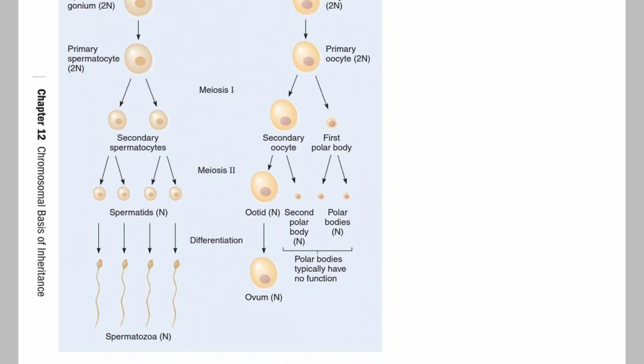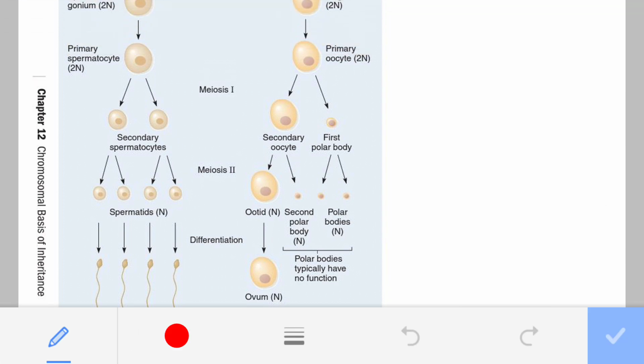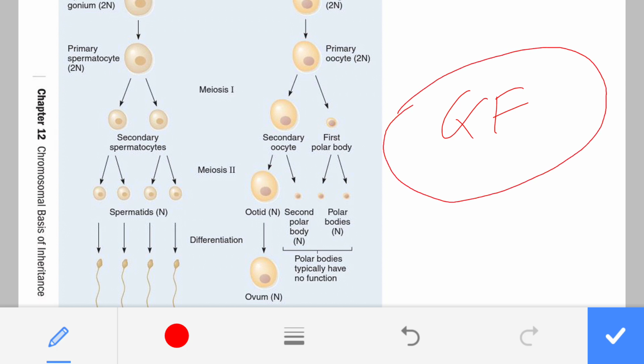Now we know that in the Graafian follicle, when the Graafian follicle ruptures, by that time this primary oocyte completes meiosis 1 and 2 cells are produced, secondary oocyte and the first polar body. We have learned this.